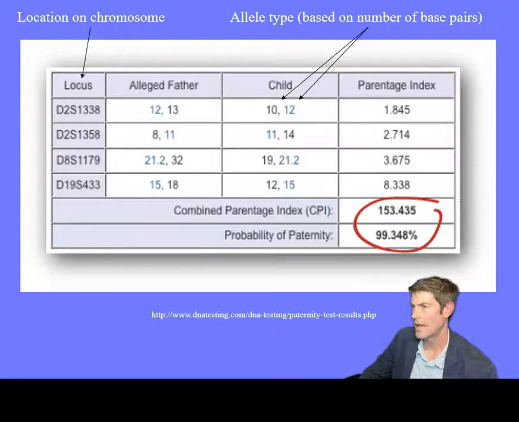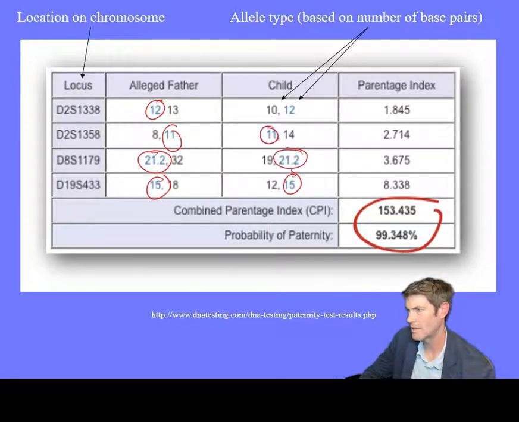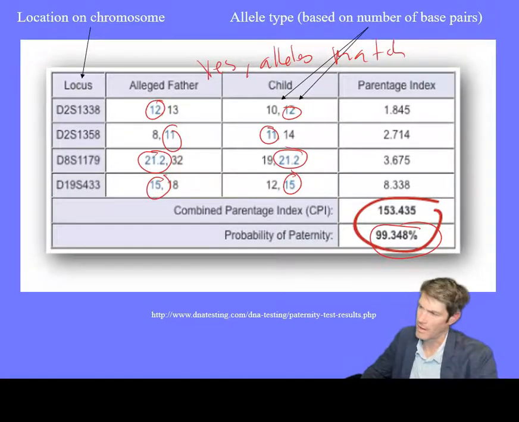So you're just looking at the alleles that show up. The alleles that the father has, do they show up in the child? And yes, they do. The alleles seem to match, and you can see that here in the probability of paternity.